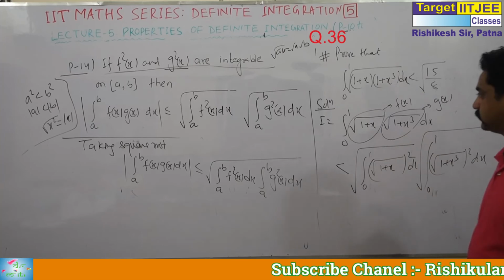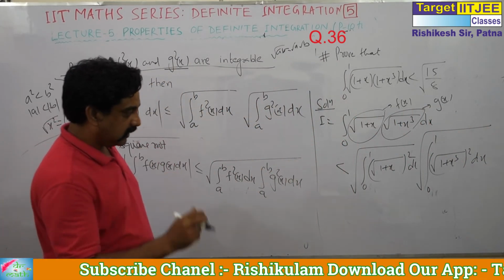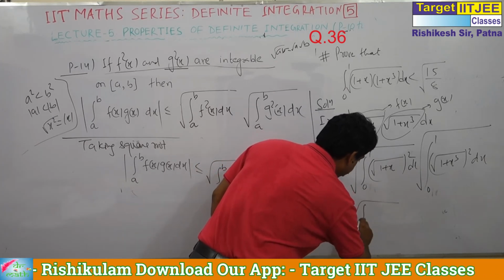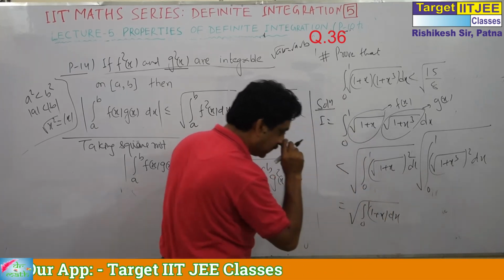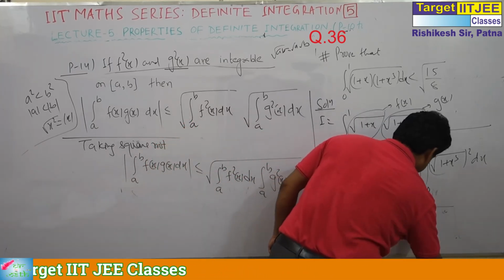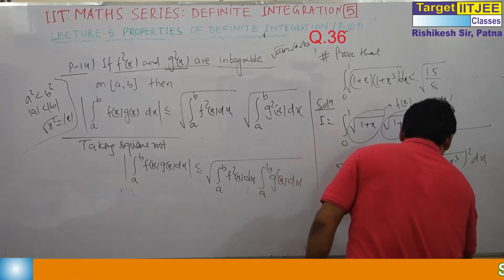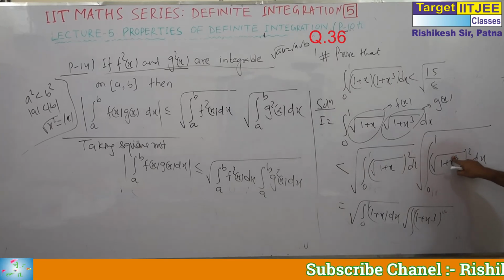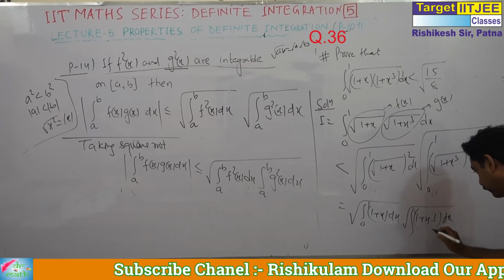This is the property. Now you can see this equals root over the integral from 0 to 1 of 1 plus x dx, times root over the integral of 1 plus x cube dx. The root over is nullified by the square, x cube dx from 0 to 1.